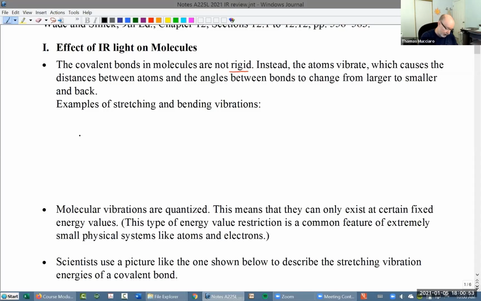Okay, so for example, what I want to show you is if I have an atom, there's a bond between it and another atom, and there's a distance between those two atoms. Well, those atoms can be moved.